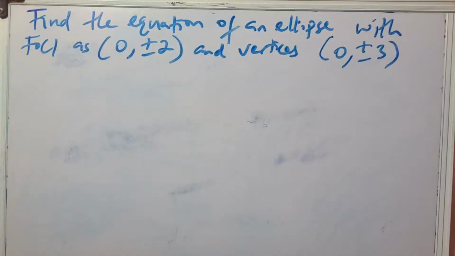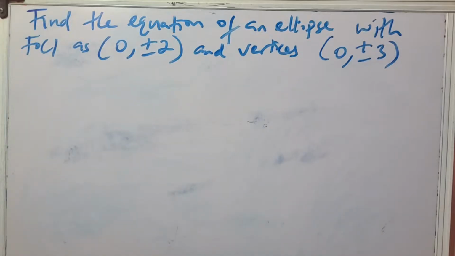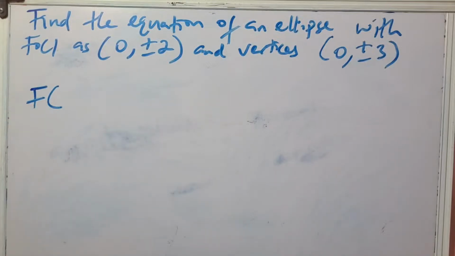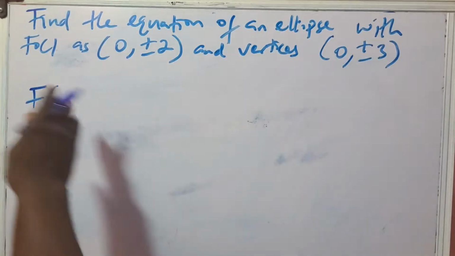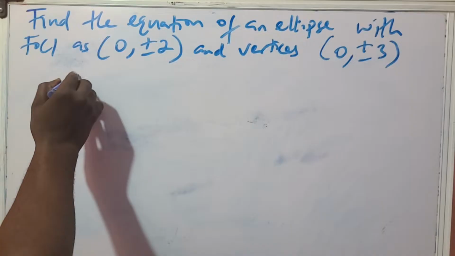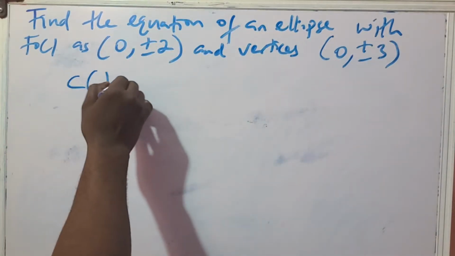Let me do a quick revision around foci. Before talking about the foci, the center of the ellipse is always (h, k).